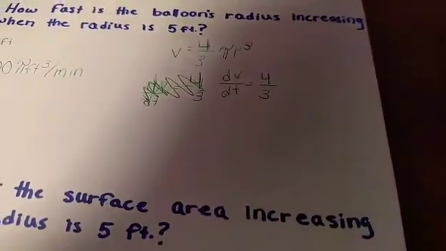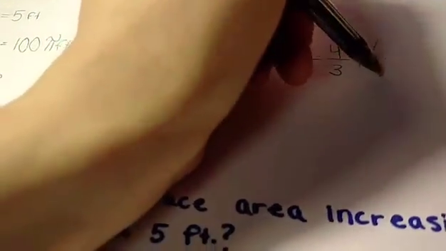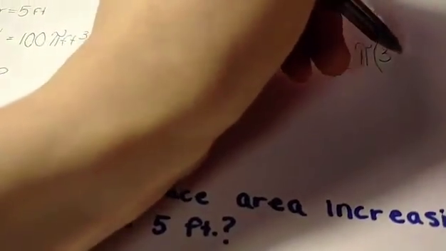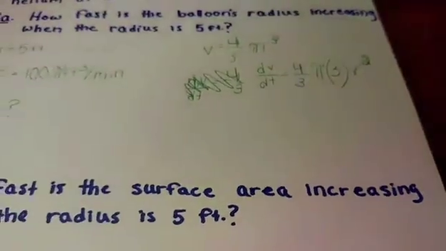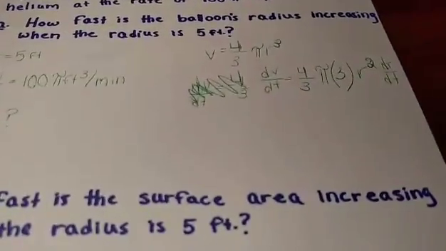The pi is constant as well. Then we have to bring the 3 in front of the r, so again we have another number, and then it would be r squared, not cubed, squared. And then we would have to write dr dt afterward, and that would be our new equation.